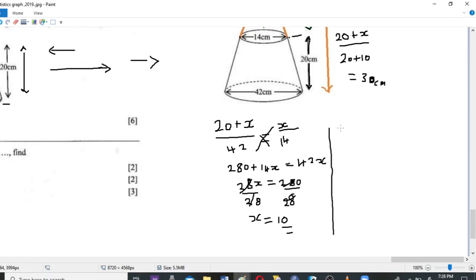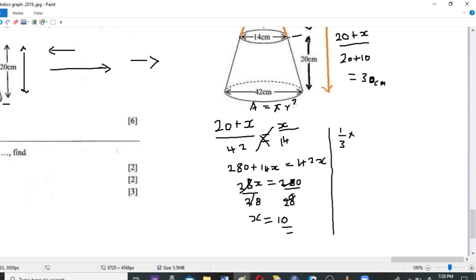So we know the formula. We have 1 over 3, right, multiplied by the base area. Now the base area is a circle, and so we know the area for the circle. The formula for the area of a circle is pi r squared, right?